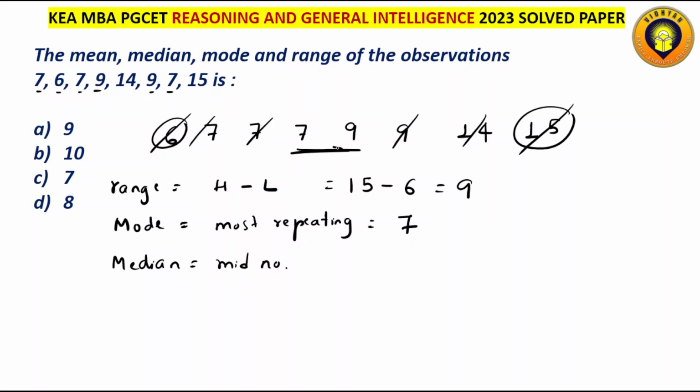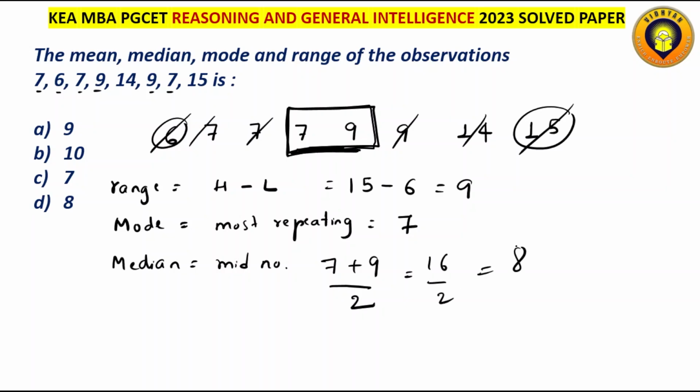So the middle will be between 7 and 9. You don't get an exact middle number because there are 8 numbers in total. So the median will be the average of the fourth and fifth numbers, that is 7 plus 9 by 2, which is 16 upon 2, that is 8.